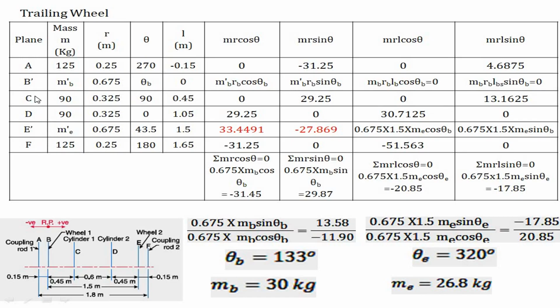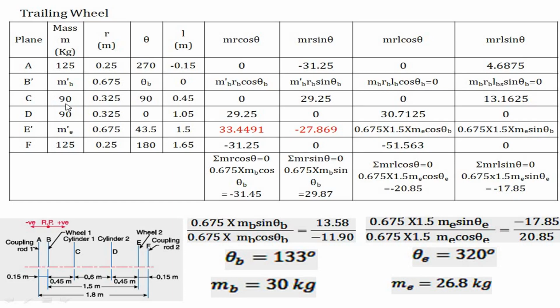Now in the planes of the cylinders, C and D, we do not have any rotating parts over here. We are simply going to take half of the part which is to be balanced. Like we have to balance 180 kg of reciprocating mass. So out of 180, 90 kg has been considered with the leading wheel and 90 with the trailing wheel.